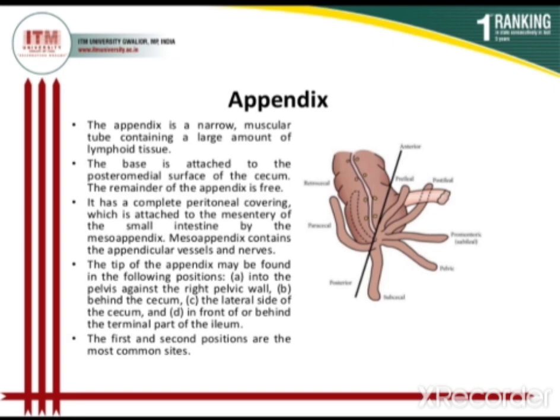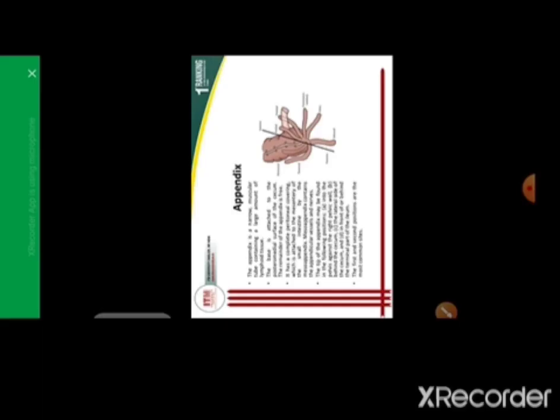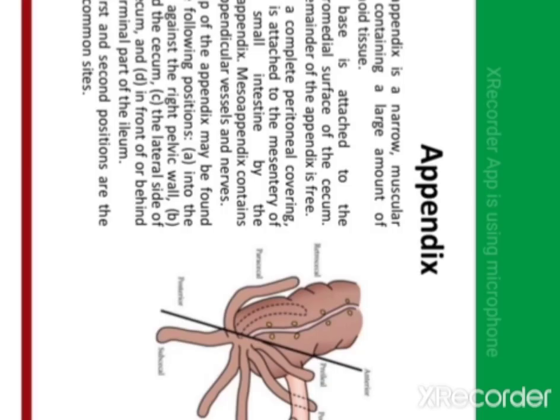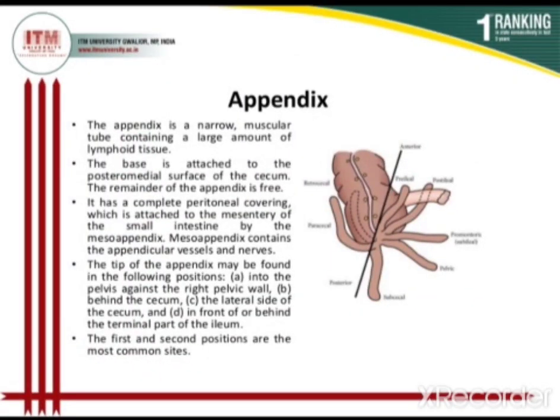The first and second positions are most common, that is into the right pelvic wall and behind the cecum. You people must have heard of appendicitis and the operation called appendicectomy, in which the appendix, a vestigial organ, is removed.